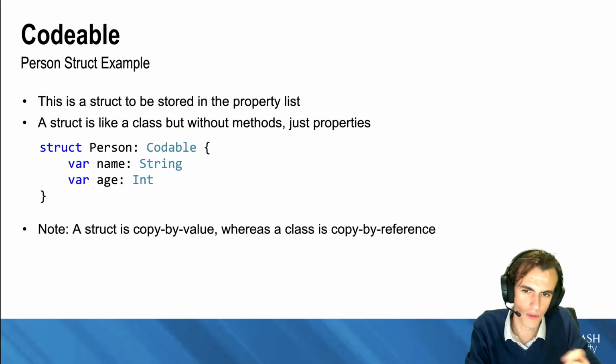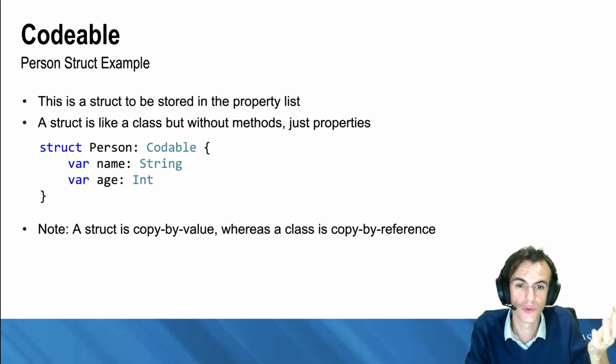So that's what copy by value is. You end up with a copy of it. The copy by reference, which is what happens if you do this with a class, you end up with a reference to that class. And if you make a change via your variable, you're changing the original because it's a reference to the original. So there is some difference in behavior here that you need to be aware of.